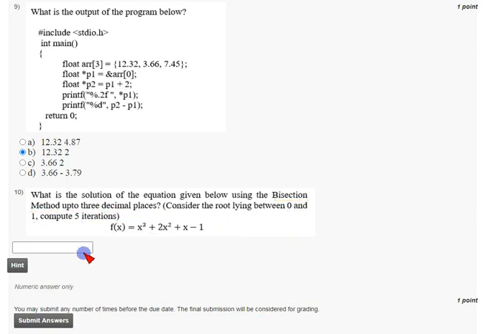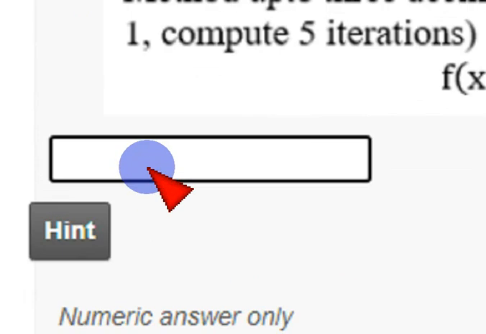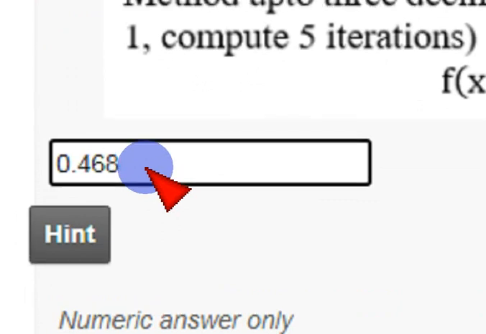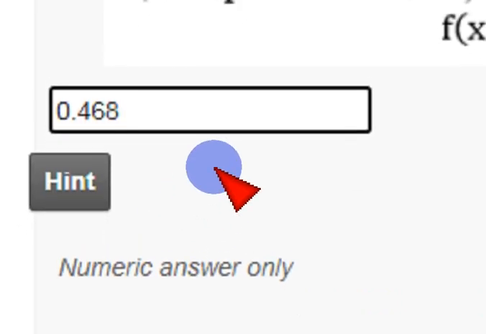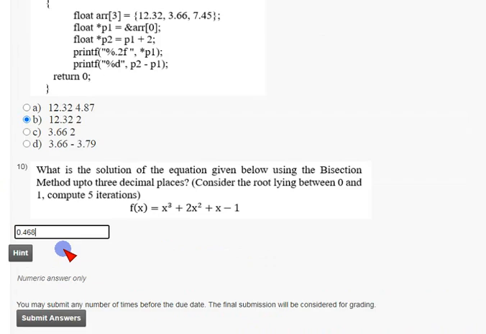If you see this, I am going to zoom this, 0.468. It is the correct answer for the 10th question, and I got this answer.